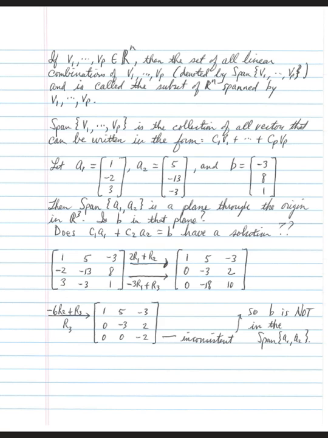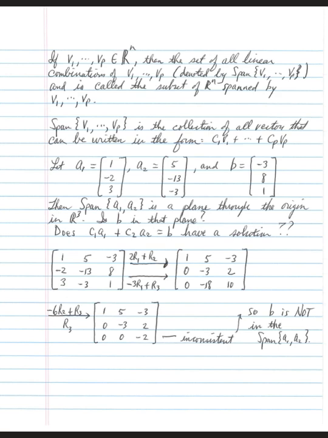Now, kind of the way to think of something visual with these spans is, let's take R2 for example. If you were to lay down a sheet of paper on your desktop and you draw two lines that don't lay on top of one another, then those vectors will span R2 because they will cover that two-dimensional space.